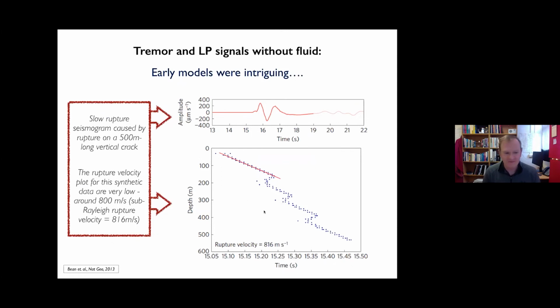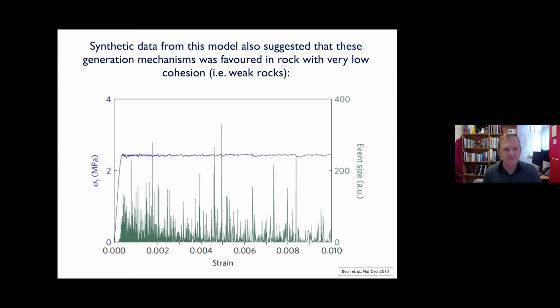On the bottom, the rupture velocity is very slow, 800 meters per second, much lower than you normally anticipate. To get that kind of data, a material is needed with extremely low cohesion, or a very, very weak rock. And the model that you saw on the previous slide suggested something with a cohesion of 2.5 MPa.